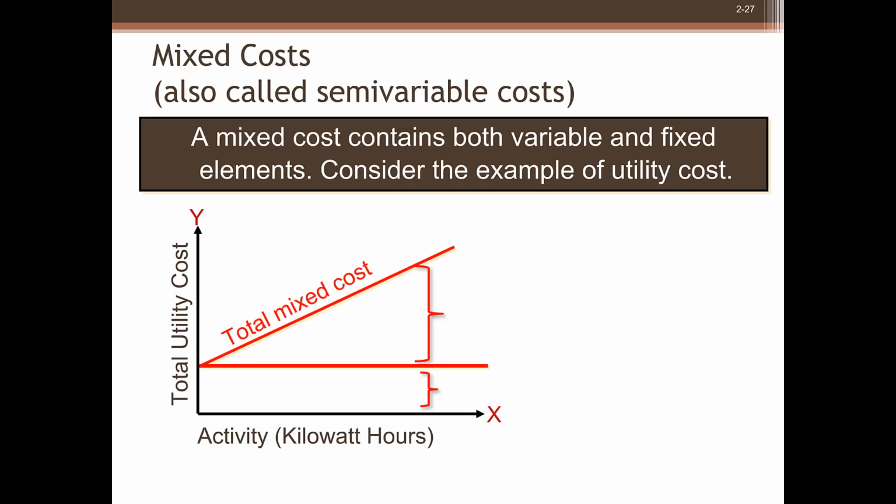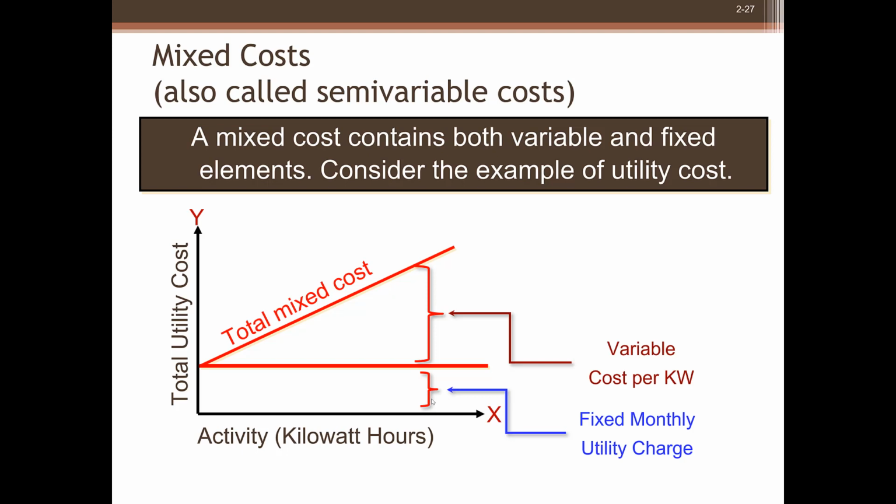Mixed costs, or semi-variable costs. A mixed cost contains both variable and fixed components. Let's take a look at an example of a utility cost. This graph describes the mixed cost of a normal utility bill. A utility bill contains a fixed and a variable cost component.